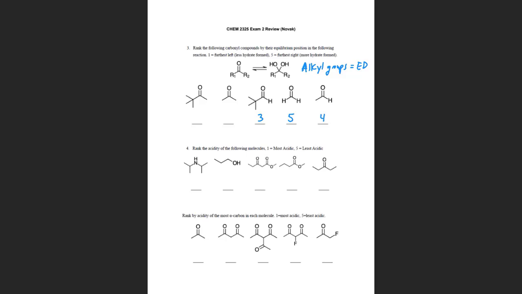Yeah, aldehydes react faster than ketones. So then our next one would be the second one, and the first one would be the one on the left. So this one would be further left, so less of this would form.